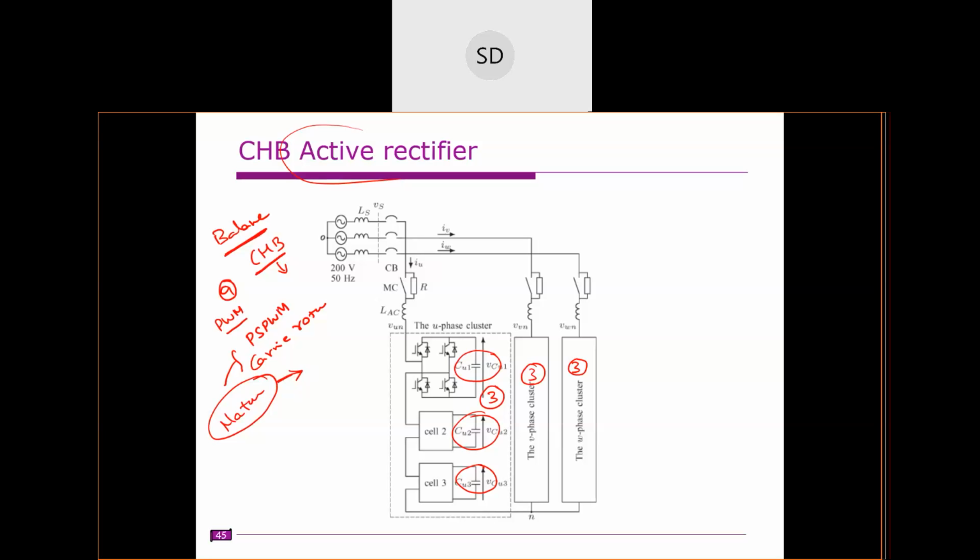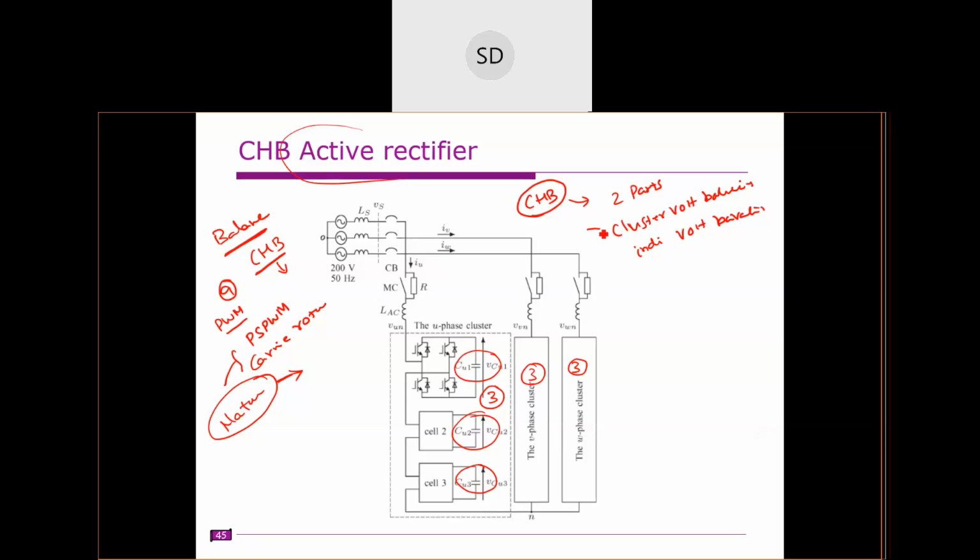The controller used for CHB to balance the capacitors consists of 2 parts. One is cluster voltage balancing and the other is individual voltage balancing.